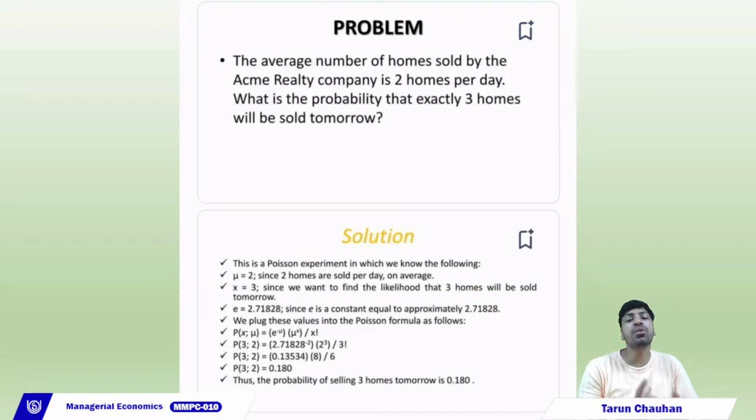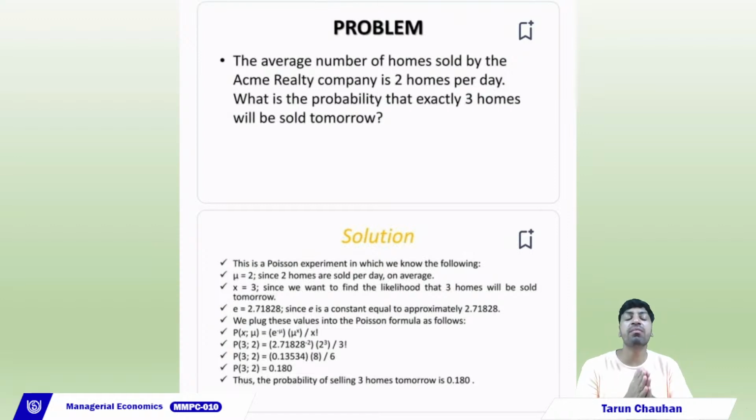E is an assumed constant, given in the question as 2.71828. Why are the mean, X and E identified before calculating the probability using the Poisson distribution? Because the formula requires exactly these.